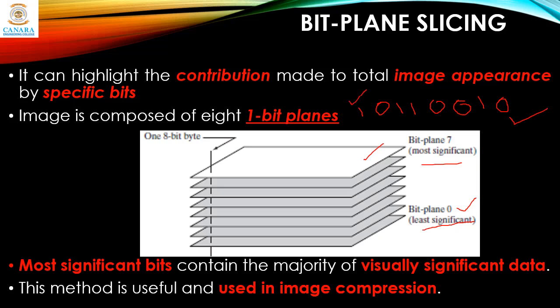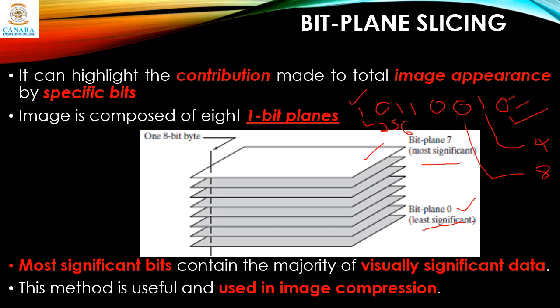Now this LSB can affect only two levels. It can be either 0 or 1, and this bit can affect four levels, 0 0, 0 1, 1 0, 1 1, and this can affect 8 levels, and so on, and this can affect 256 levels. MSB can affect 256 levels if you change it, but LSB can affect only 2 levels.